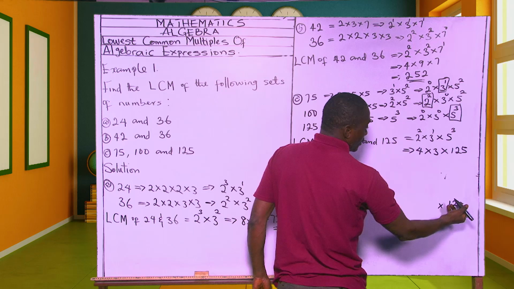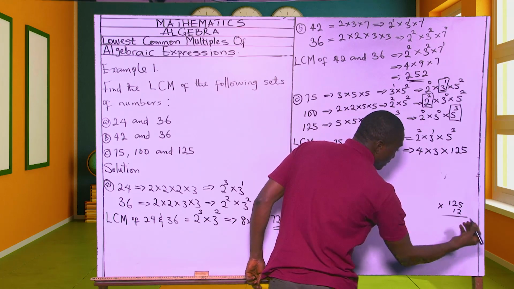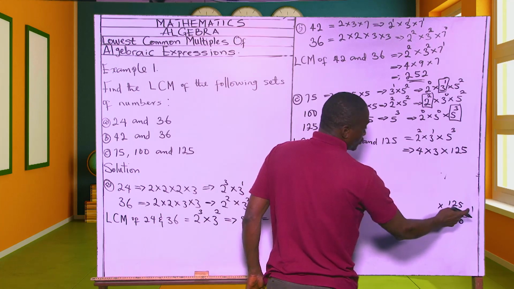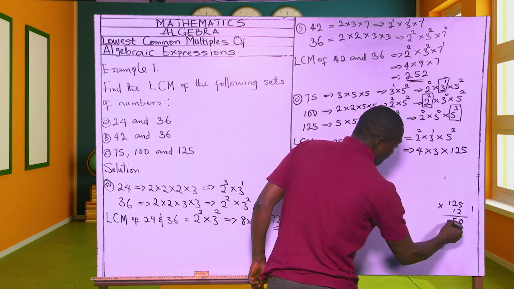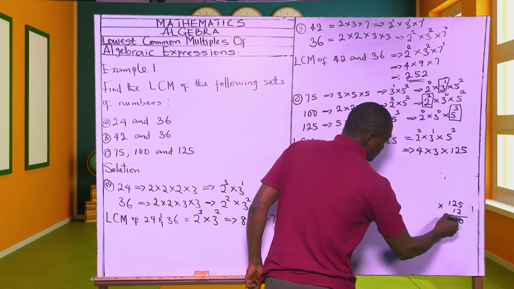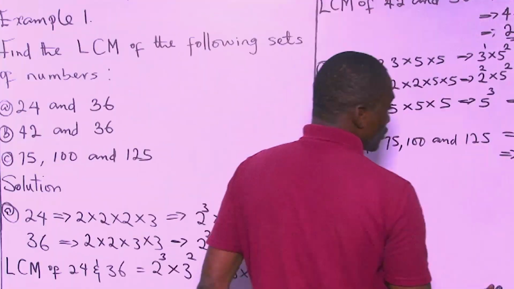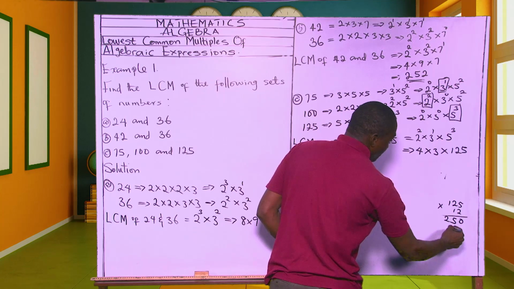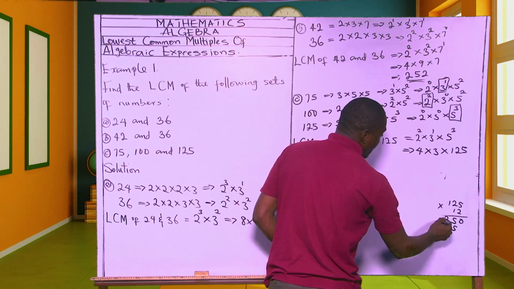2 multiplied by 5, that will give us 10. 0, keep 1, isn't it? 2 times 2, that is 4, plus 1, that is 5. 2 times 1, that is 2. Okay, so now 1 multiplied by 5, that is 5. 1 multiplied by 2, that is 2. 1 multiplied by 1, that is 1.